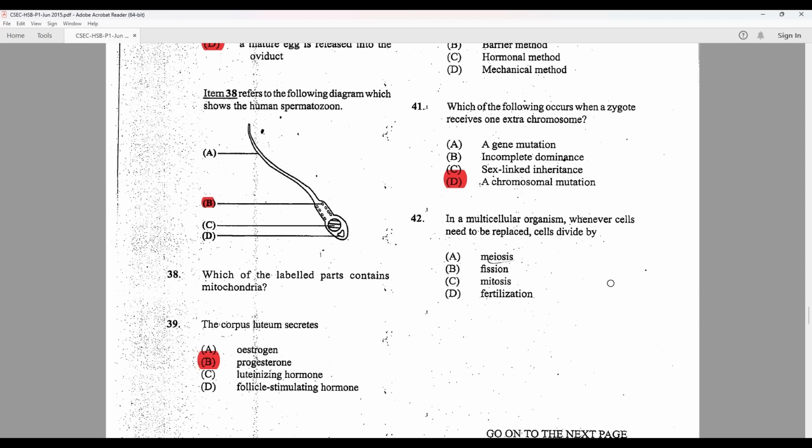In a multicellular organism, whenever cells need to be replaced, cells divide by, and I hope persons are thinking about, mitosis. Remember cells are being replaced. You don't want variety. Fission, I have no idea why they're suggesting that. Fertilization, no, egg and sperm need to fuse to replace cells. So mitosis is the correct answer.